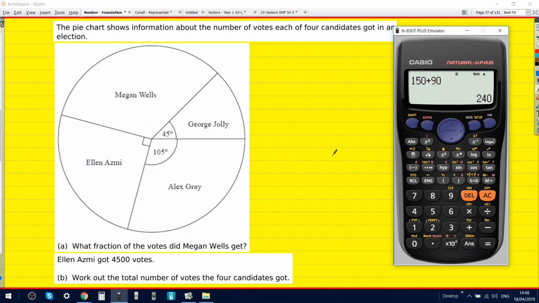Right. So that adds up to 240, and then 360 take away 240. So that's 120. Yeah. They wanted a fraction. But they want a fraction.